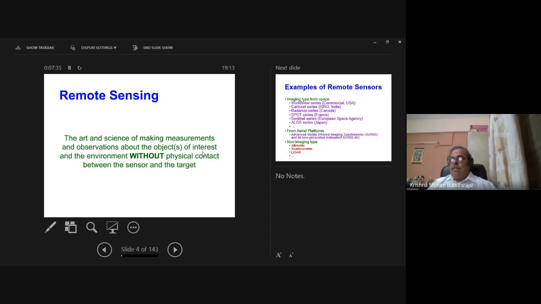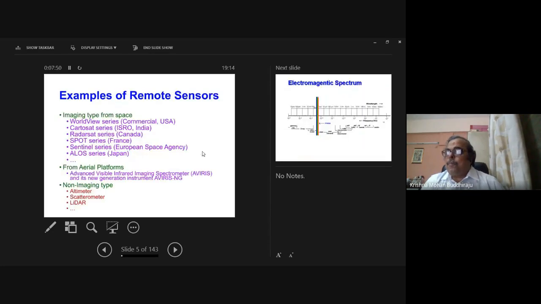So at selected locations on the ground, some data is collected, usually for validating the observations made from the analysis of remotely sensed data.